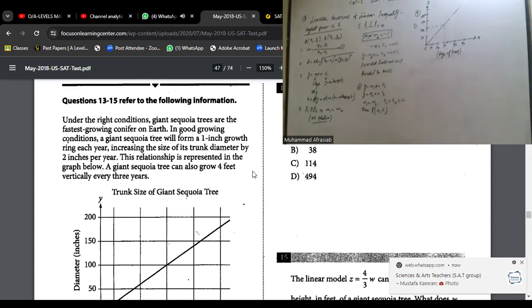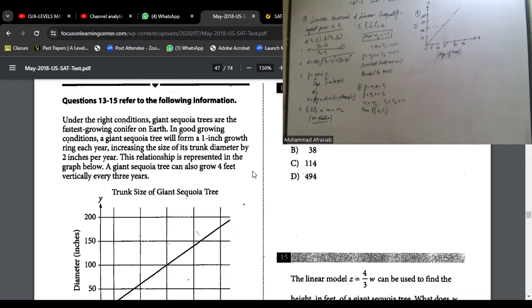In good growing conditions, a giant sequoia tree will grow a 1-inch growth ring each year, increasing the size of its trunk diameter by 2 inches per year. This relationship is represented in the graph below. A giant sequoia tree can also grow 4 feet vertically every 3 years. So this is the graph they have shown.